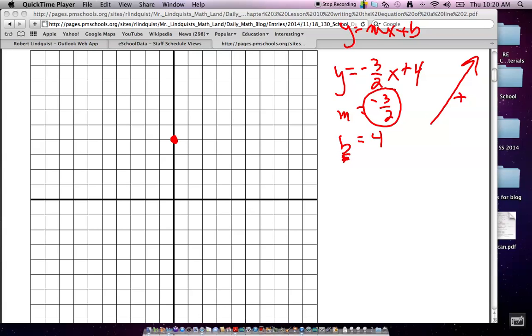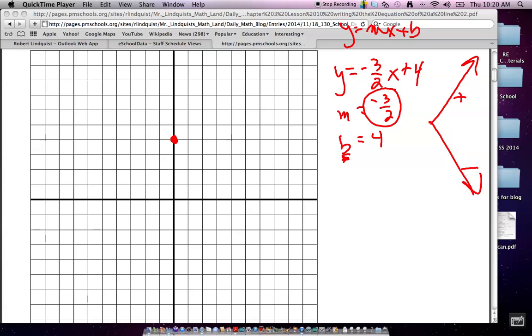A negative slope is supposed to go down. There were at least 6 or 7 of you who had slopes going up. How can you get a negative slope to go up? It can't happen. So how many times have you guys seen this diagram? A lot. A bunch, okay.